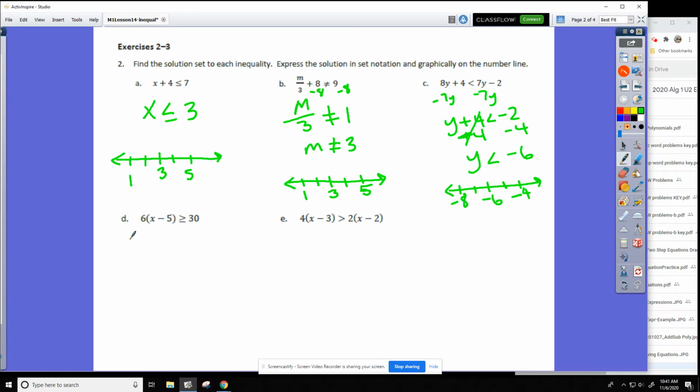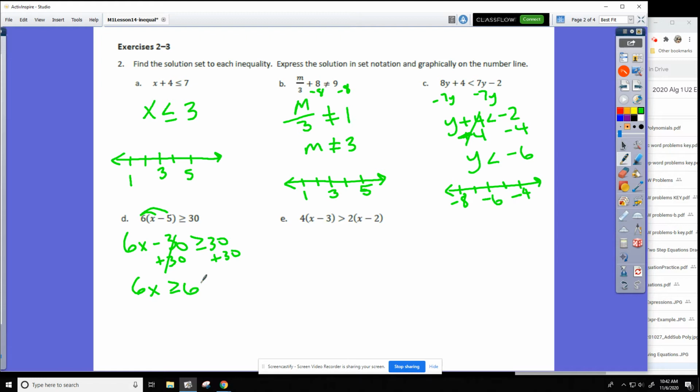This one I have to distribute, so I get 6x minus 30 greater than or equal to 30. So remember, distribute to both. Now I'm going to add 30. Sometimes when this is a negative and the number cancels, you get 0. And sometimes people get confused, but 0 is still on the number line and it's still a number.